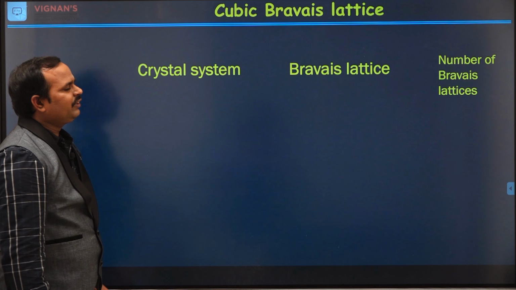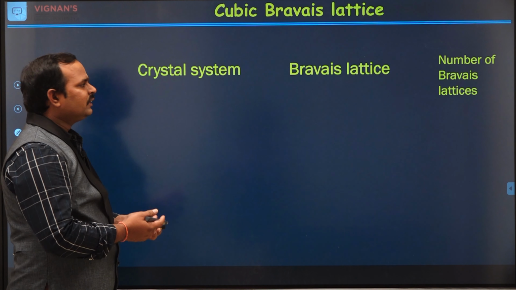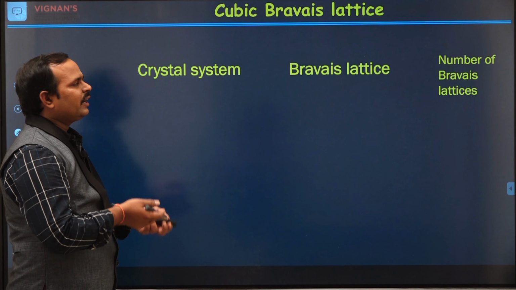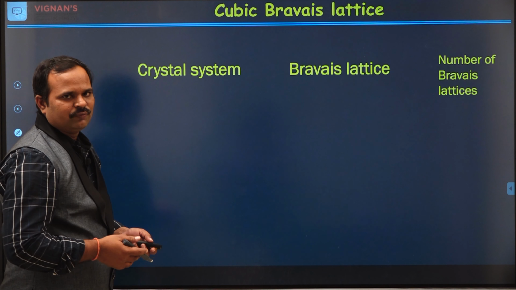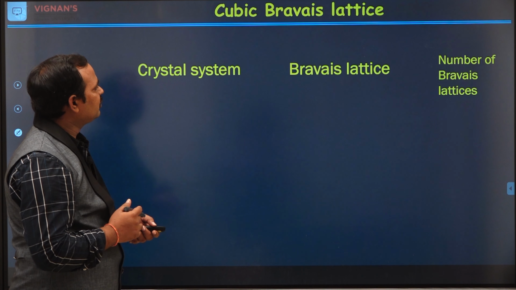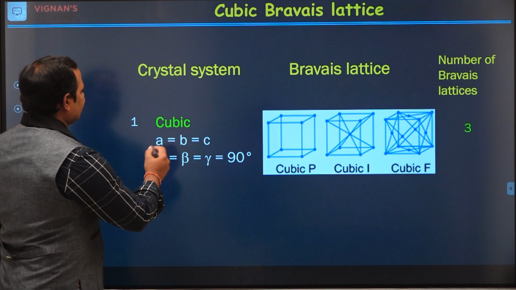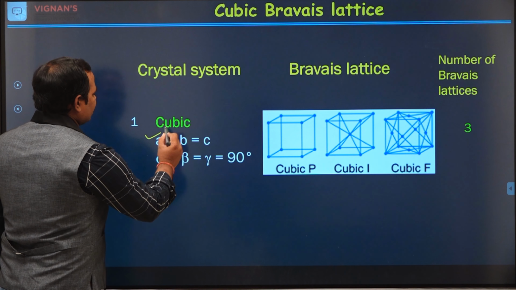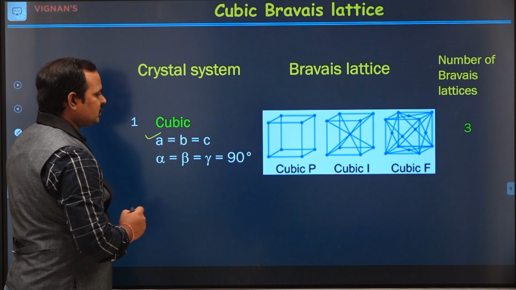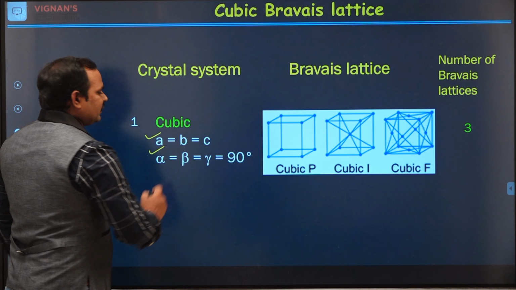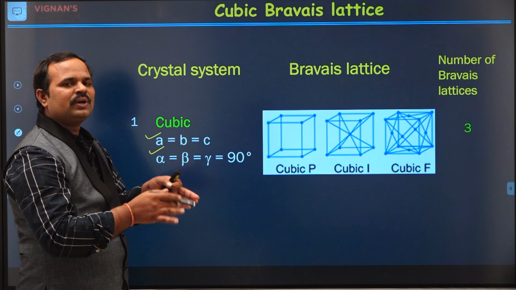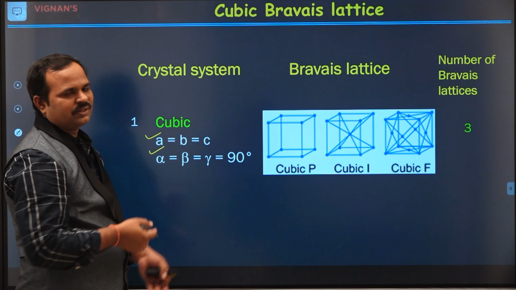In this class we are studying various parameters for a cubic Bravais lattice. A cubic lattice will have lattice parameters a is equal to b is equal to c, and the crystallographic axes are mutually orthogonal. That means they are perpendicular to each other.